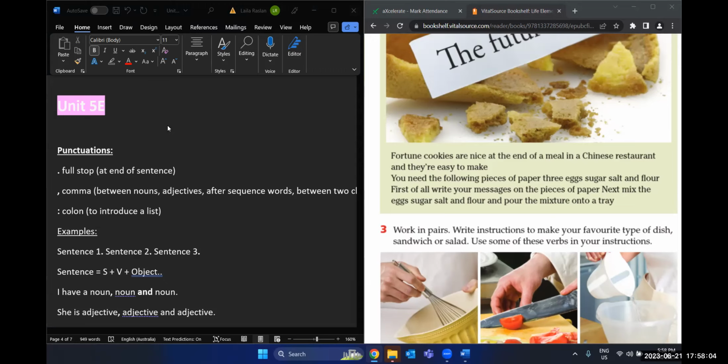Make sure you've used all three: full stop, comma, and a colon. There should be all three of them.